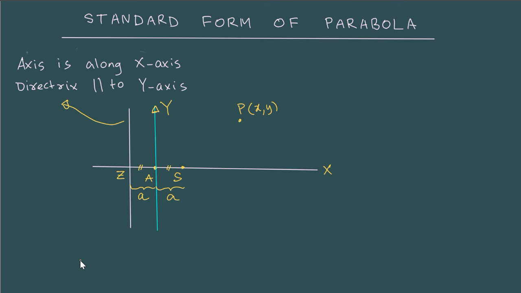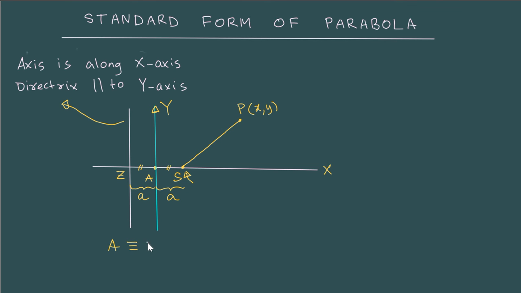Now if I join the points S and P, the focus and P, since I know the coordinates of S and P, I can get the distance between S and P. So what are the coordinates of the focus here? A is taken as the origin, and A is also known as the vertex.